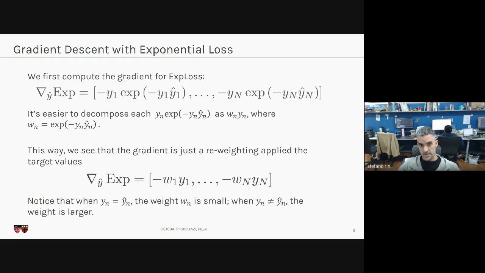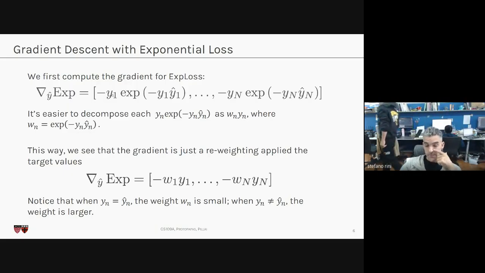Then we take the derivative of this, and you see that this is the derivative, and this is easier to decompose when we fix the w_n to be e to the y hat times y. This is where the reweighting is applied.